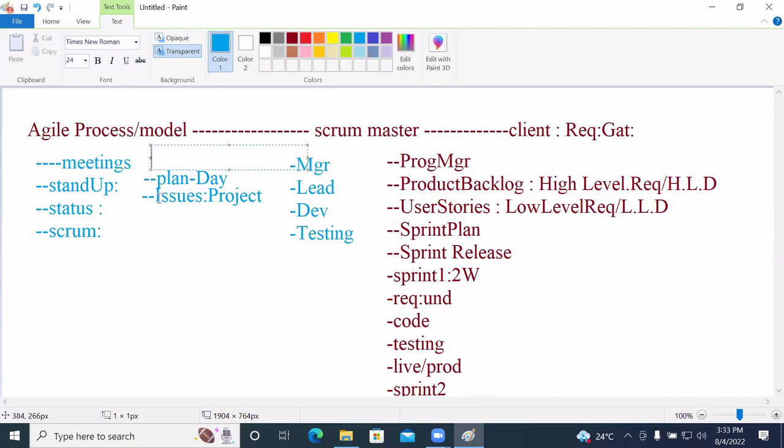So that is what we will be doing as part of the stand-up meeting.